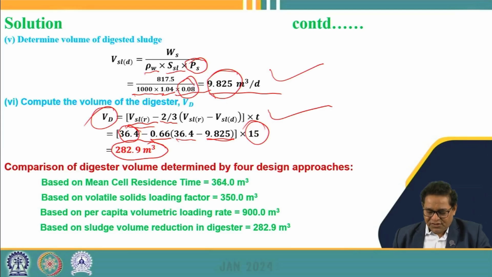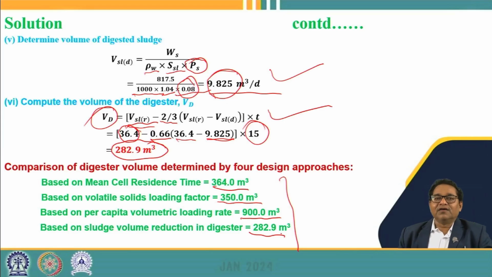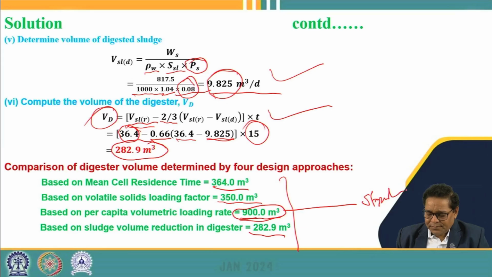So if we analyze, this is the volume requirement for approach 1, this is for approach 2, this is for approach 3, and this is for approach 4. Here, this is the most absurd value, so it should be neglected because it is based on the thumb rule.